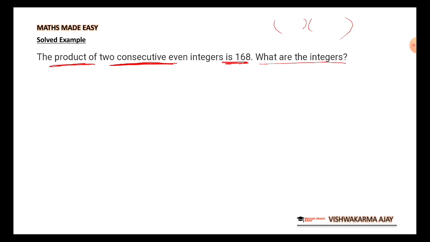For example, 1 and what is after that? 2. So 1 and 2 are consecutive numbers. 1 and 5 are not consecutive numbers.